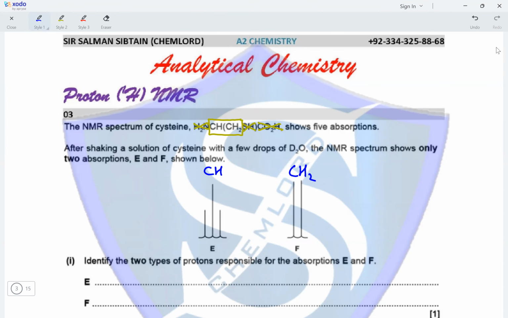So the question asks, identify the two types of protons responsible for the absorptions E and F. So E is the peak for CH next to CH2, and the peak F is for CH2 next to the CH group.